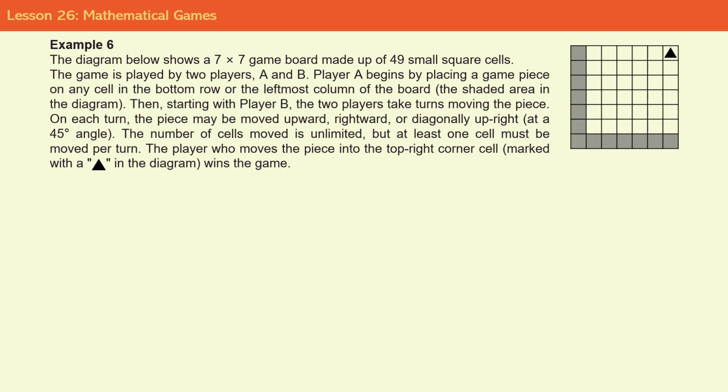On each turn, the piece may be moved upward, rightward, or diagonally upright, at a 45-degree angle. The number of cells moved is unlimited, but at least 1 cell must be moved per turn. The player who moves the piece into the top right corner cell, which is marked with a triangle in the diagram, wins the game.